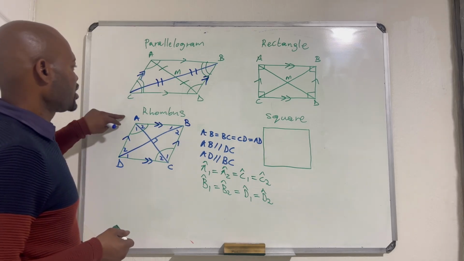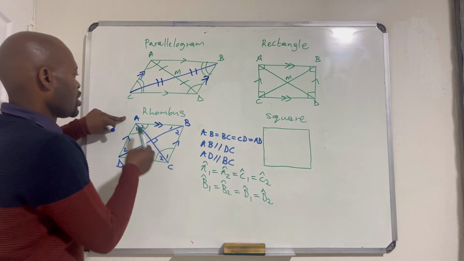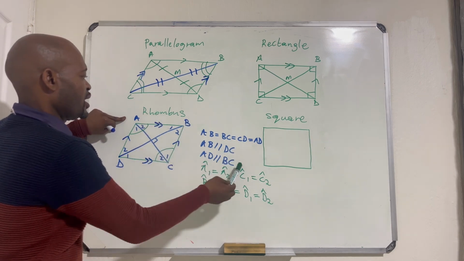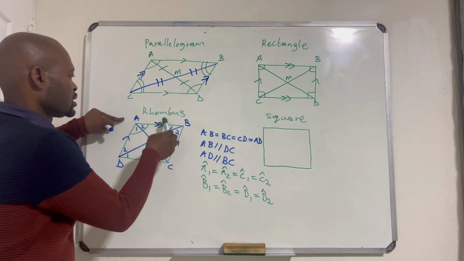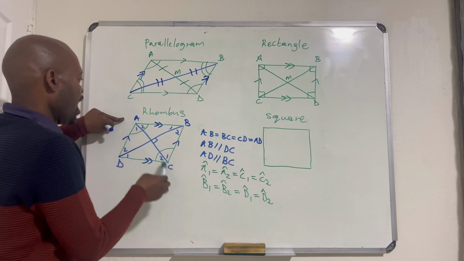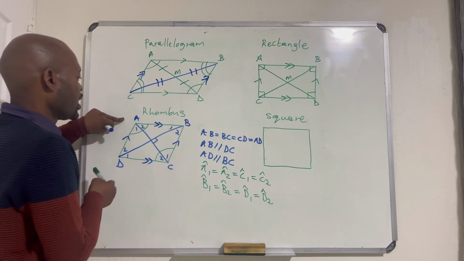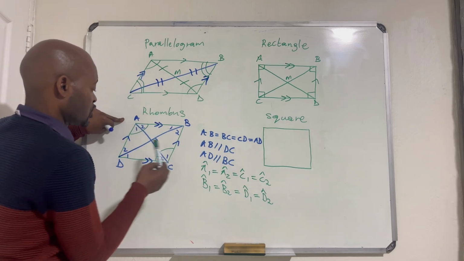Therefore, the properties of a rhombus: all sides are equal, opposite sides are parallel, and opposite angles are equal, where diagonals bisect the angle, where this is equal to that, which is equal to that.